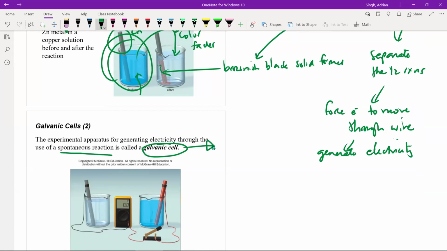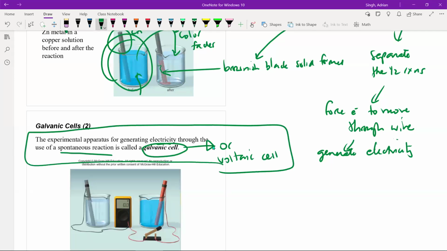This galvanic cell is also referred to as a voltaic cell. So you'll see both of those terms used interchangeably. And all it's doing is we're using a spontaneous reaction, a reaction that would occur under normal circumstances without any input of energy. And we're able to then take that reaction and generate electricity from it.